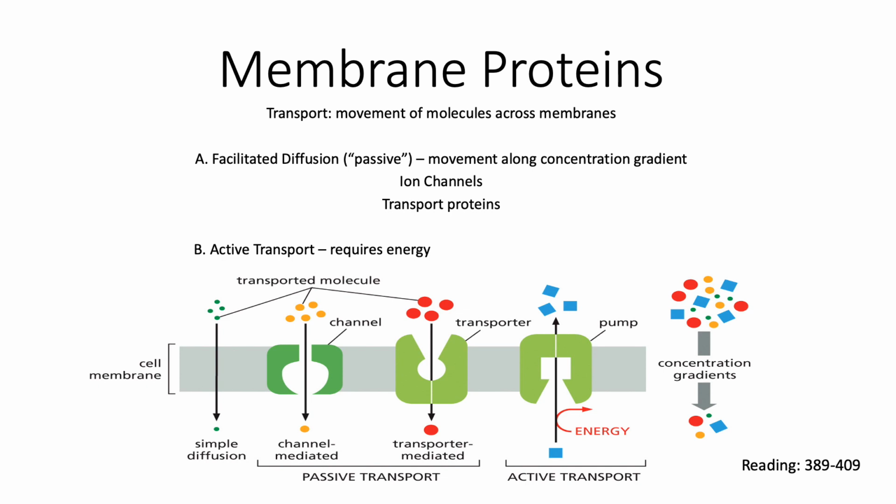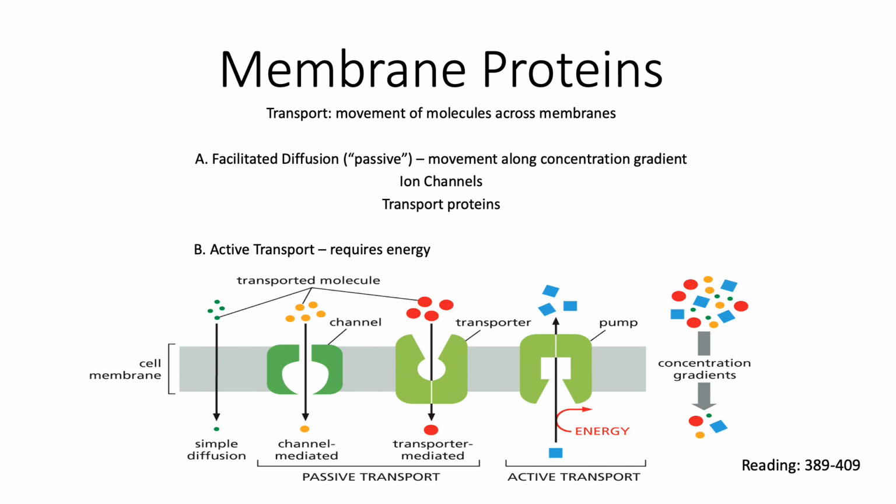So if you look at the bottom of the figure, on the right hand side it shows the concentration gradient, where whatever molecules we're talking about are high on the outside of the cell and lower on the inside of the cell. And if you look over on the left-hand side, it shows basically diffusion, or what they call passive transport.